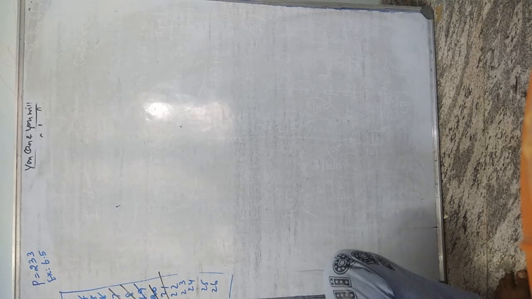Imagine, okay. A wire of length 28 meter is to be cut into 2 pieces. One of the pieces is made into a square, the other is made into a circle. What should be the length of the 2 pieces so that the combined area, combined in the sense area of a square and area of a circle, is minimum? Combined area is minimum, we have to prove.